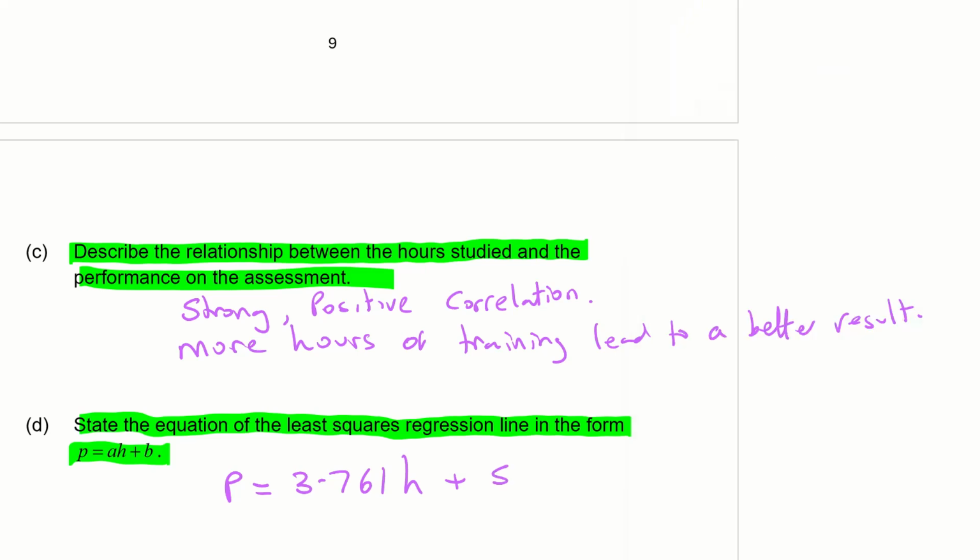So P equals 3.761H plus 51.049. And these have a meaning which we're not actually asked about here, but this indicates that every hour of training is going to increase your performance by 3.761. And this should correspond to doing no training, the mark you would get with no training.